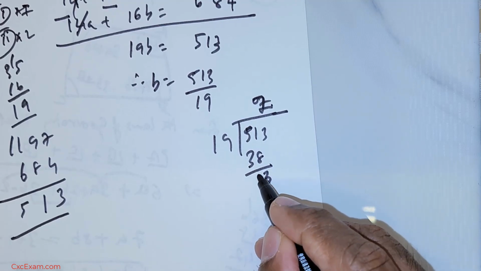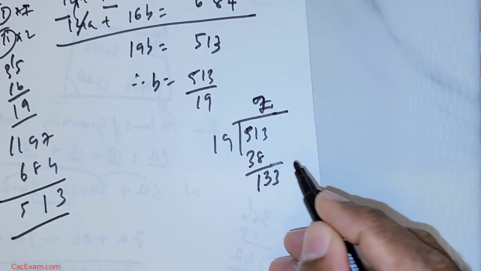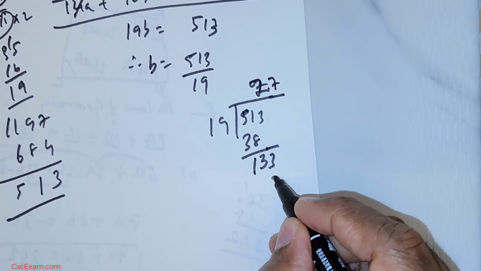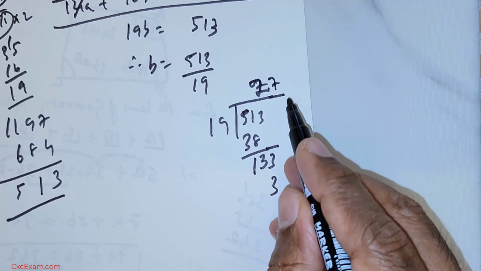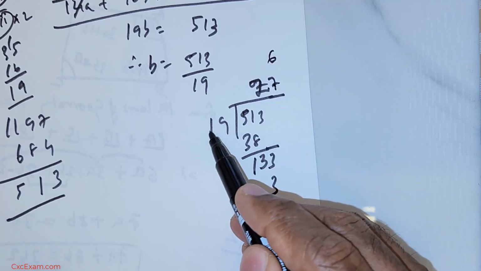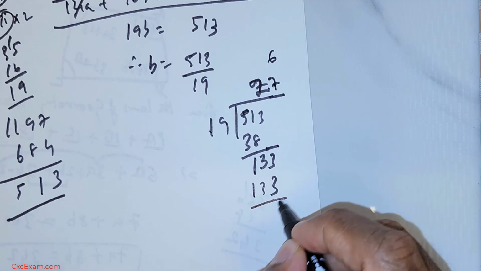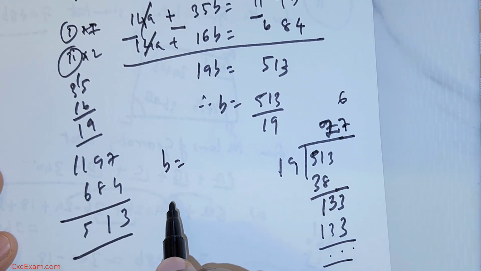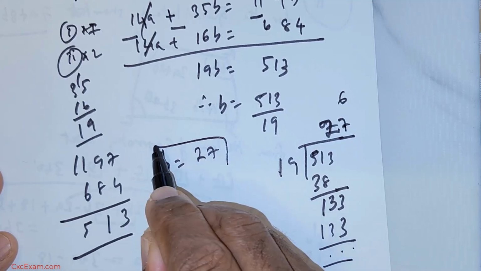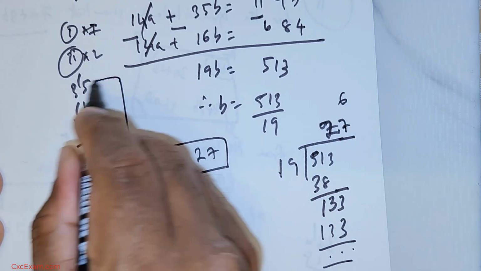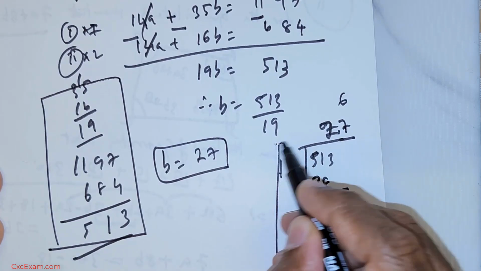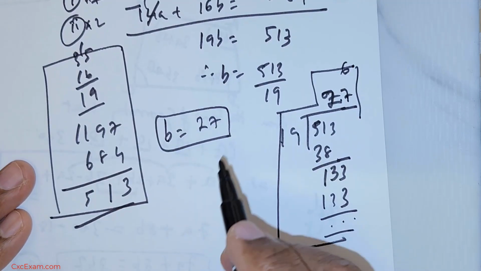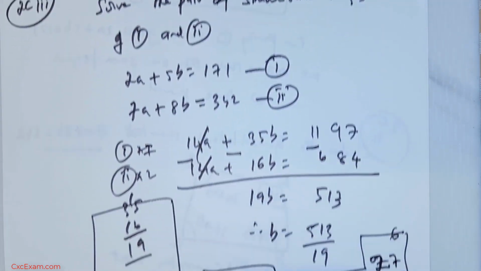From 4 you take away 3, you get 1. So 133 is there. Now let me place 7. 7 times 9 is 63. Carry 6. 7 times 1 is 7. 7 with 6 is 13. So that's a perfect division. So the value of b is 27. So clearly you can see that this is a huge number. Okay, so that's the working part.